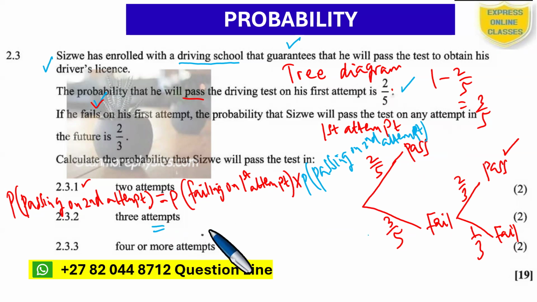The probability of failing on first attempt, the probability of passing on second attempt.